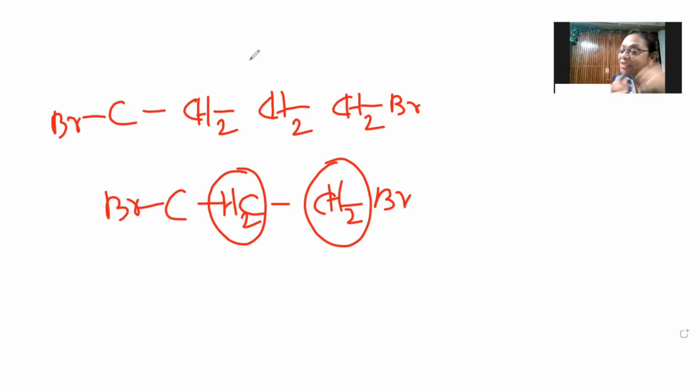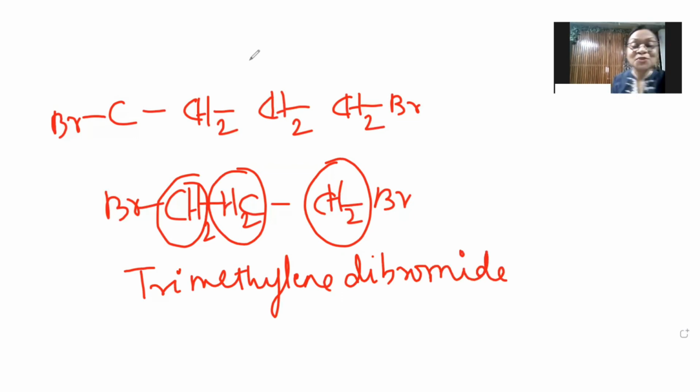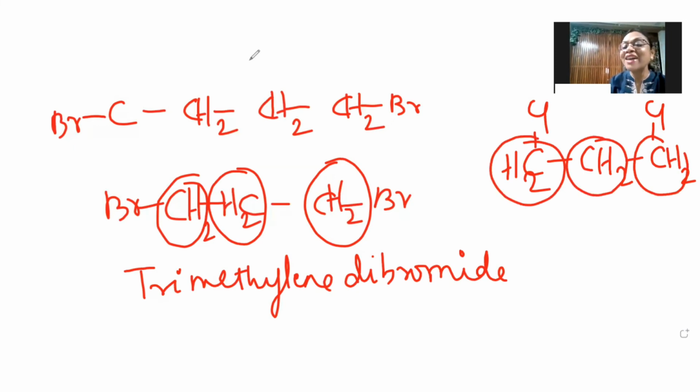All right, so this would be called trimethylene dibromide. If you remember, I had left naming this compound. I had said that this is less talked of. So see, this is once again trimethylene dichloride.